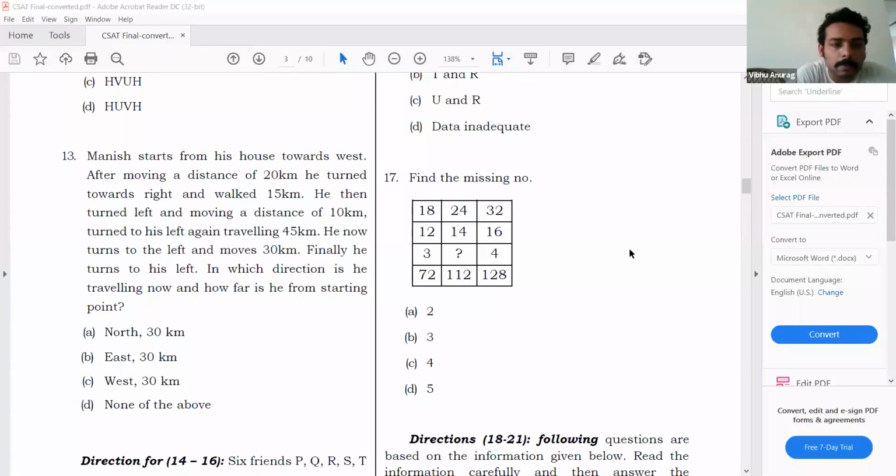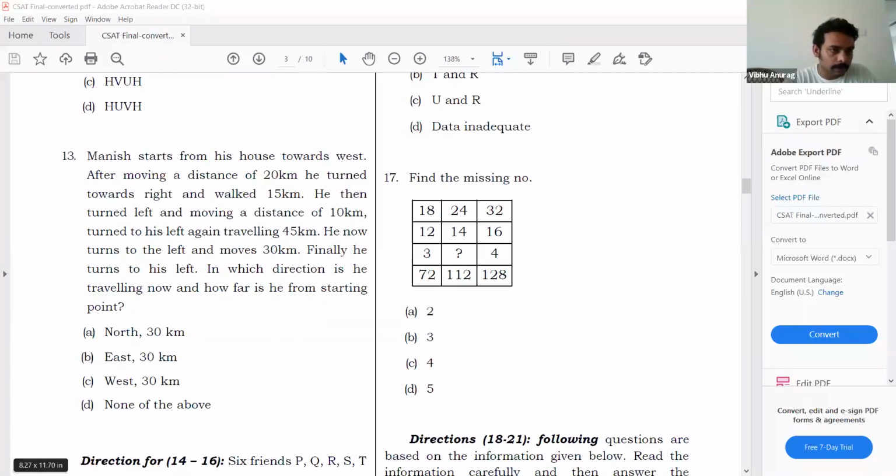What do you get for this one? Okay, that's correct. That would be correct.